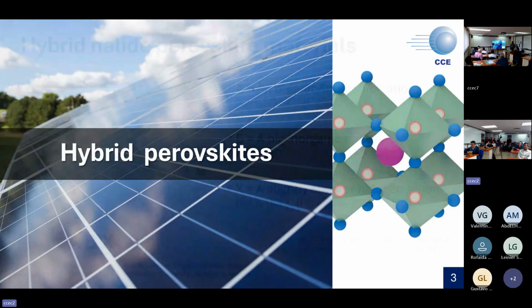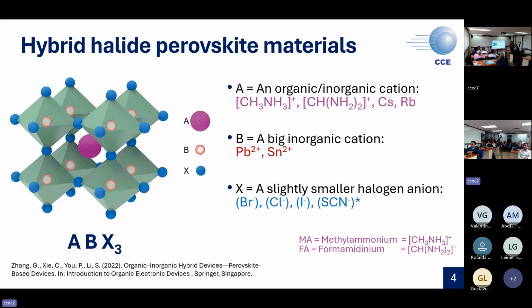We talk about the hybrid perovskites. Perovskites in general is a family of different materials with different properties. In particular, for solar cell applications, we focus on materials with the structure ABX3. At the A site, we have an organic or inorganic cation: methylammonium and formamidinium as organic cations, and cesium and rubidium as inorganic cations. At the B site, we find a big cation like lead and tin.